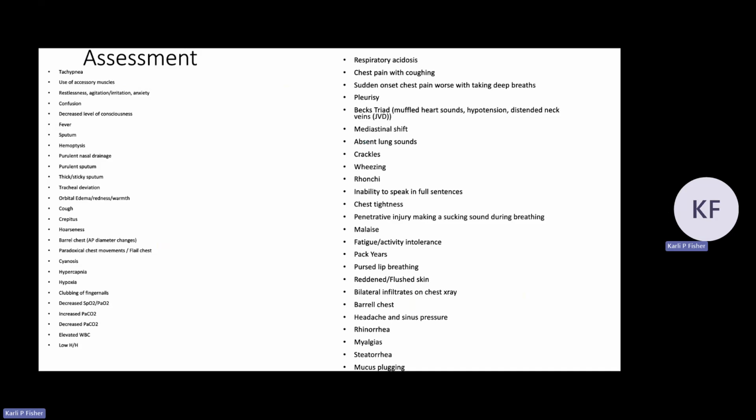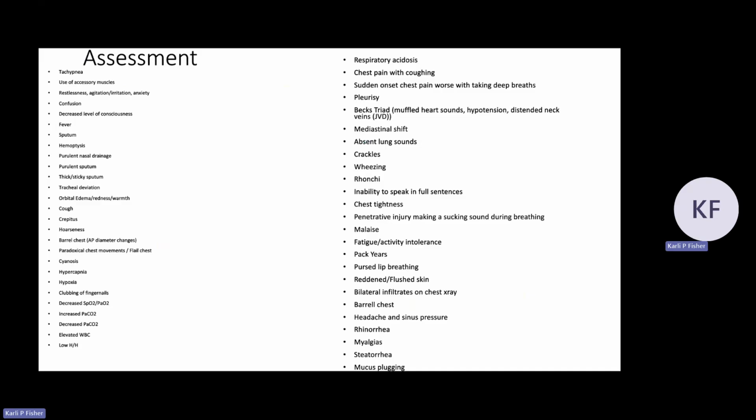Okay. Terms. So these are your terms. You are going to be expected to know these terms, so get familiar with them. Some of these should be review, but we'll go ahead and break down some of them. Tachypnea. If you see tachy in tachypnea, that's when we have an increased respiratory rate.